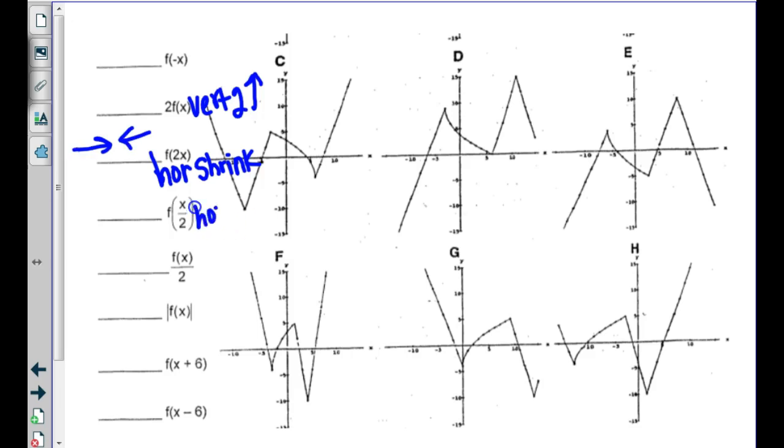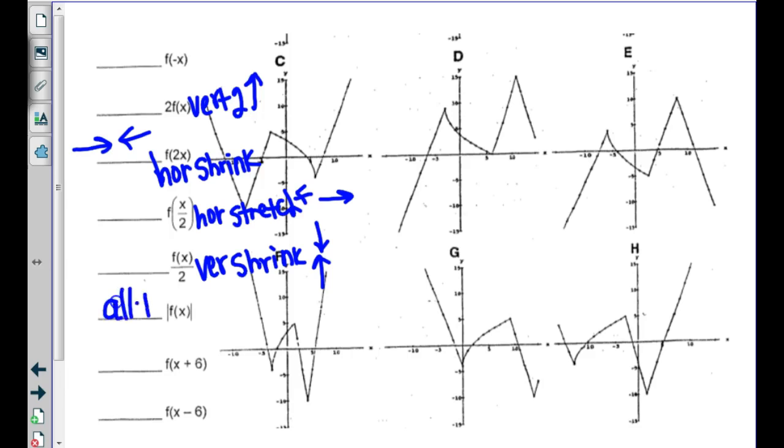Okay, this is horizontal stretch. It's going to go out this way. This is vertical shrink. It's going to shrink in this way on the black. This makes it all positive. Left 6, right 6.